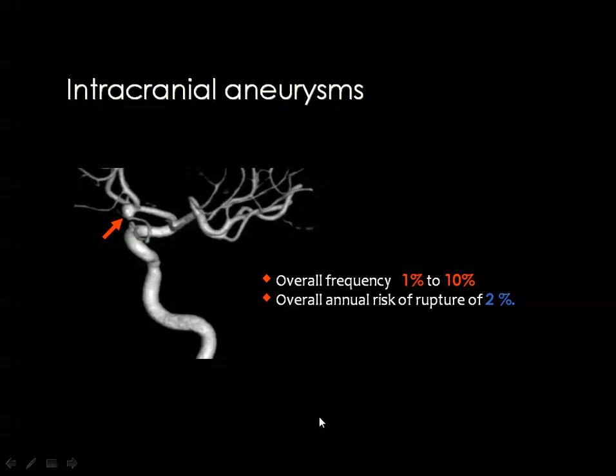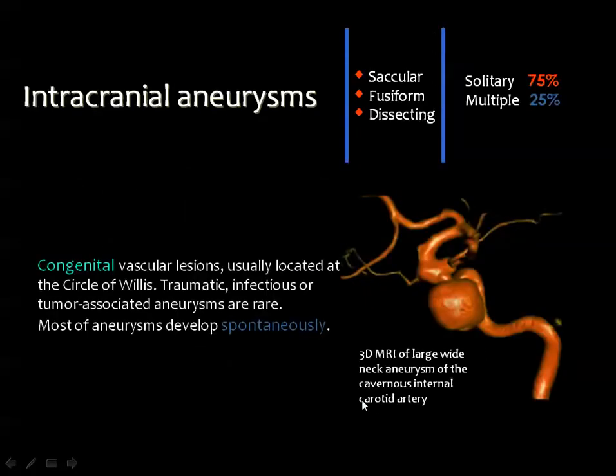Starting with the intracranial aneurysms, this is the overall frequency, which ranges between 1 to 10%, and the annual risk of rupture is about 2% of the intracranial aneurysms. We have three main types of intracranial aneurysms, which are the saccular type, the most common, the fusiform, and the dissecting type.